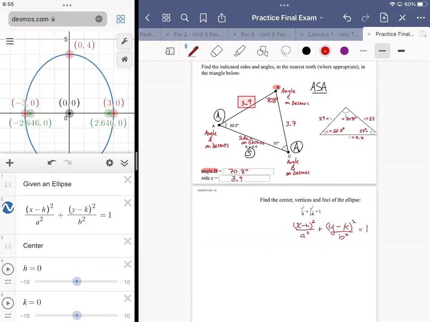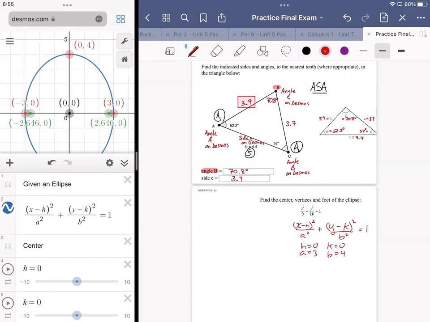So h would have to be 0, k would have to be 0, a would have to be 3, b would have to be 4. Once you have that, everything here is presented for you.